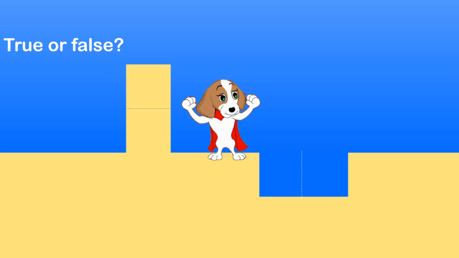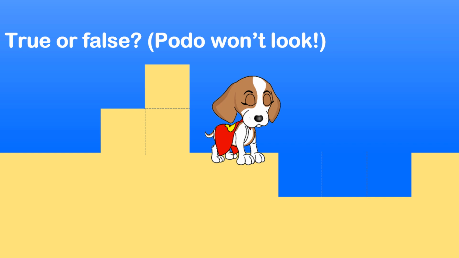True or false? And this time it's a little bit different, but the children will probably agree that that's true, because Podo's got 2 bricks, she's got 2 holes, and so it's all okay. What about now? There are 3 holes side by side, and as you can probably work out, there are 3 bricks, one of them put on top of the other one.